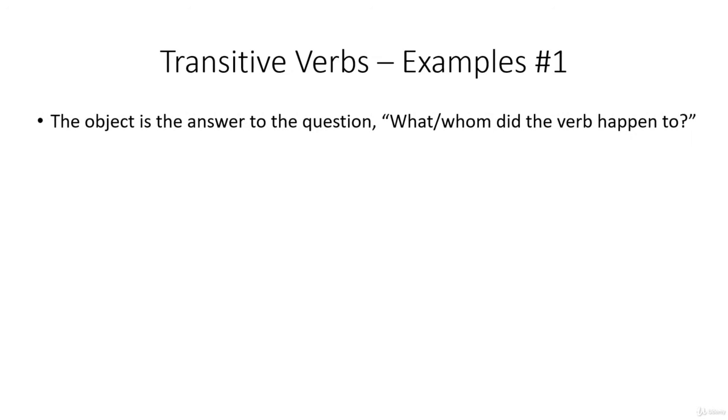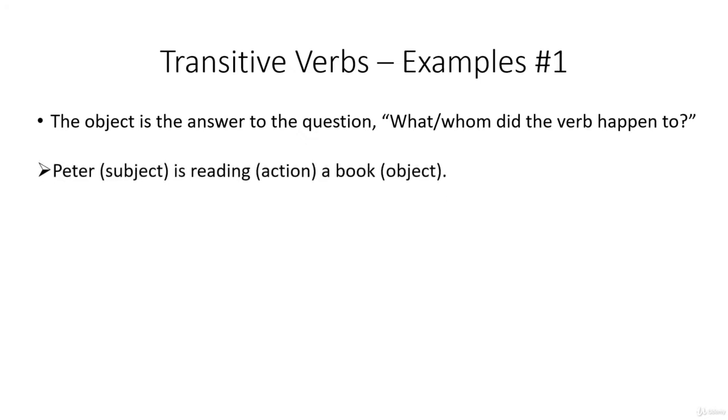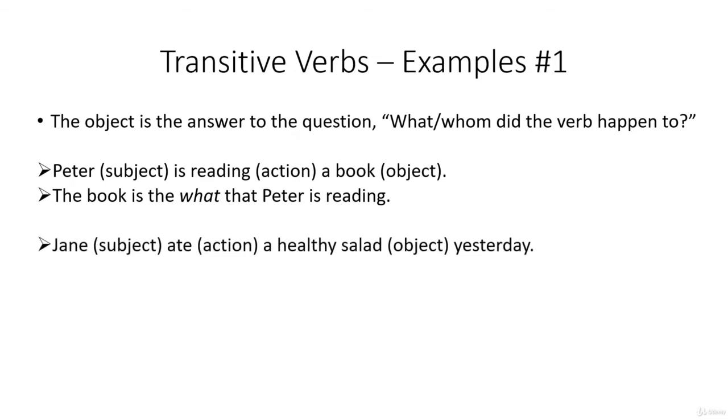So the object answers the question, what or whom did the verb happen to? If we look at the example, Peter is reading a book, the book is the what that Peter is reading. Or Jane ate a healthy salad yesterday.